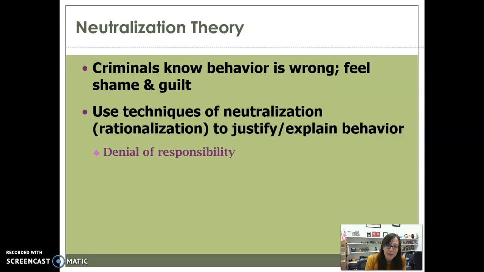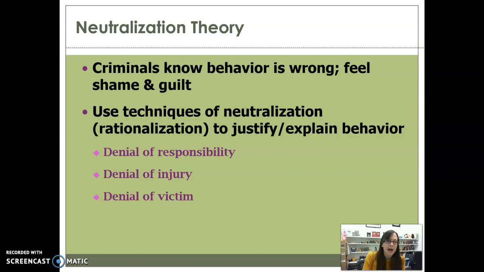Denial of responsibility is basically saying, well, it's not my fault. The crime happened because of some force outside my control, or an accident, or somebody else made me do it. So it's seeking a scapegoat of some kind. Denial of injury is where they're saying, well, nobody was really hurt. It wasn't as bad as these other crimes. They have insurance, so who cares? Those kinds of things.